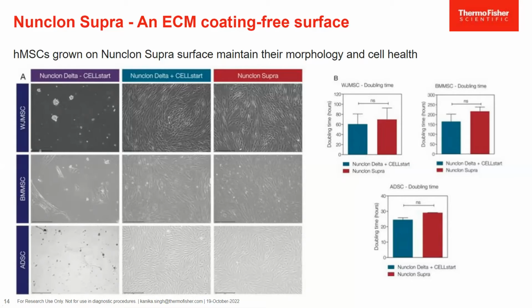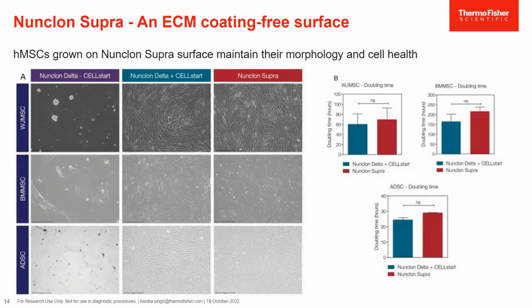The morphology on Delta with ECM coating looked exactly similar to the Supra surface, wherein there was no coating involved. On the right, you would see the doubling time of the cells grown on Delta surface with ECM coating versus Supra surface. And as you can see here, there wasn't a significant difference between the doubling time of the cells grown on these two surfaces.